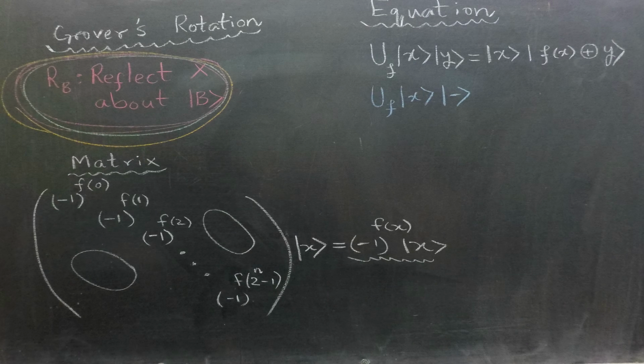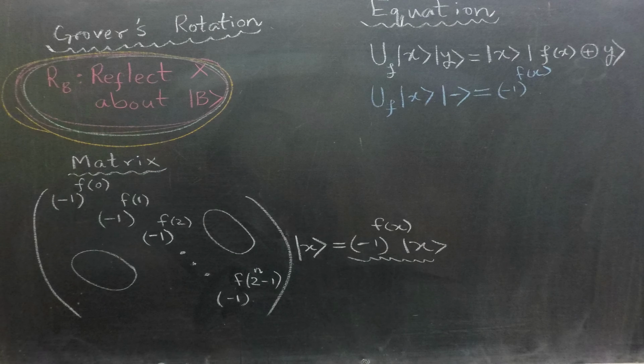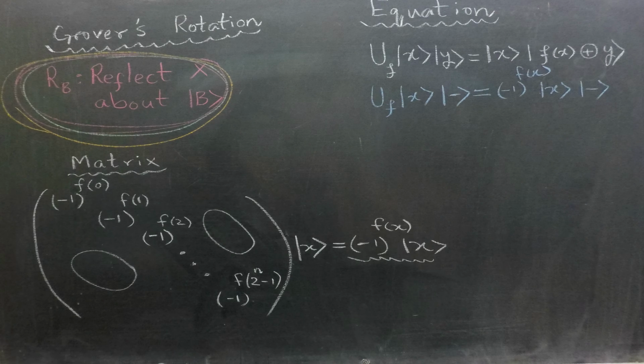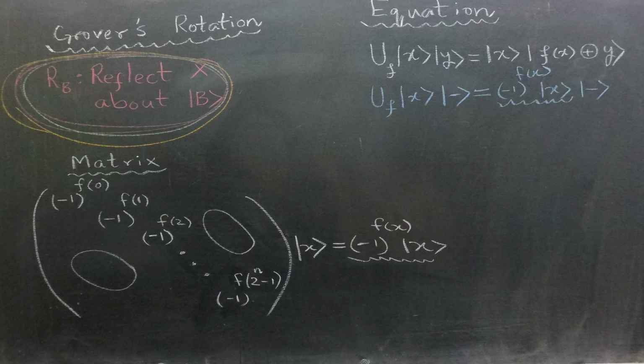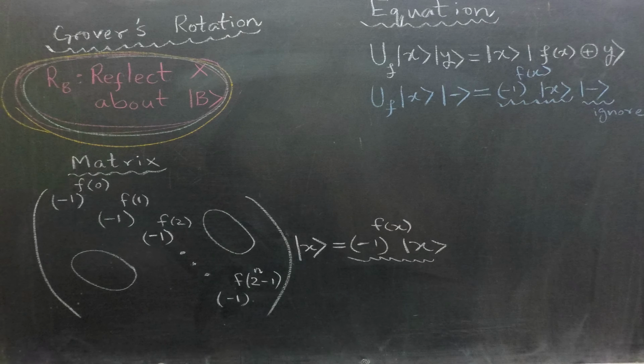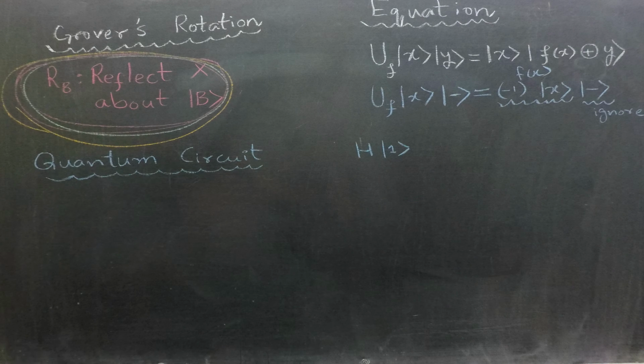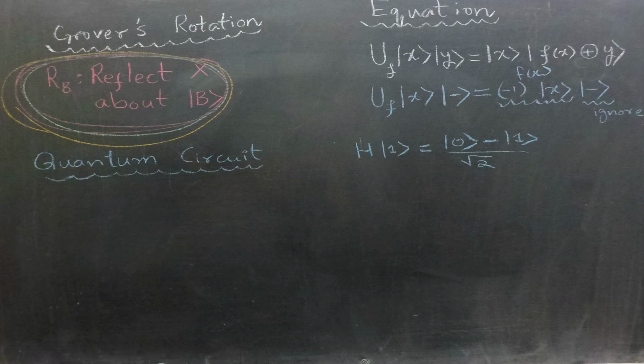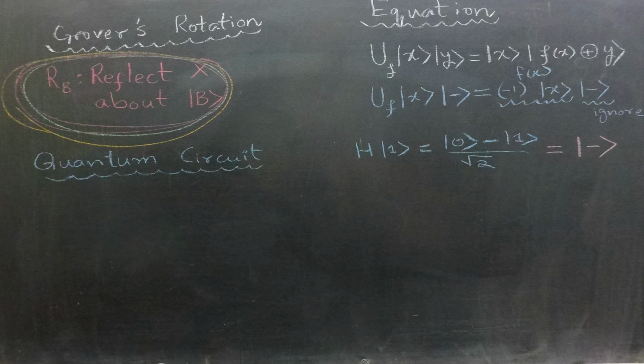The output of the unitary operator will be -1 raised to power f of x times ket x, ket minus. However, we are interested only in ket x component and we can simply disregard ket minus. Note, ket minus is equal to ket 0 minus ket 1 divided by square root of 2.